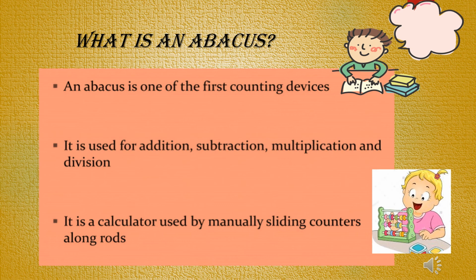Also, in the picture on your right hand side, you can see that a small girl is playing with a device which has colorful beads in it. It is an abacus. It is a calculator used by manually sliding counters along rods.